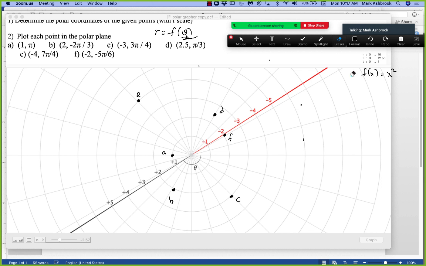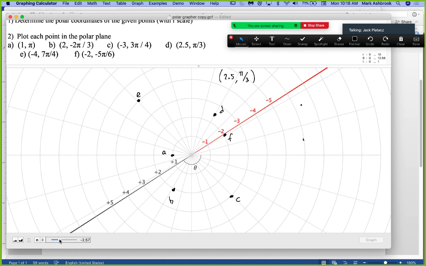All right, so someone pointed out during our breakout time that there's more than one way to write a point. So let's look at point D here, 2.5 comma pi over 3. What's another way to get that location? Negative 2.5, negative 2 pi over 3. Okay, so you suggest what angle? Negative 2 pi thirds. Okay, so let's start at 0.